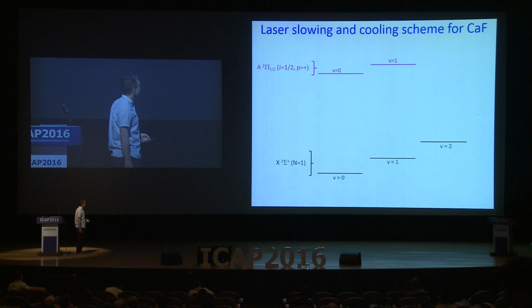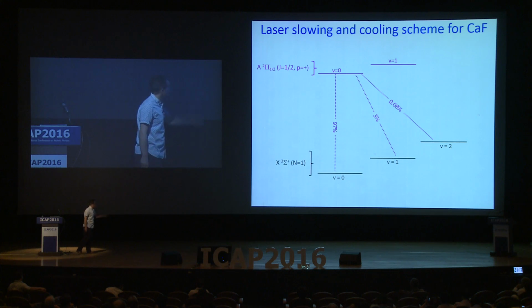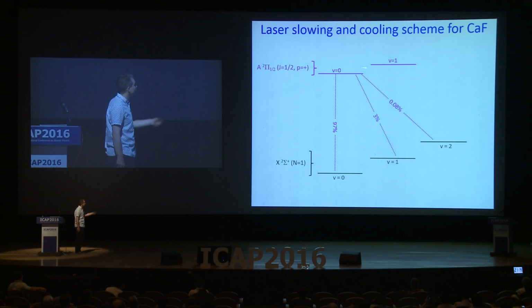If you put a molecule into this v=0 state here in the A state, it decays in the following ways: 97% of the time to v=0, 3% of the time to v=1, and 0.08% to v=2. So those are already favorable branching ratios for laser cooling.